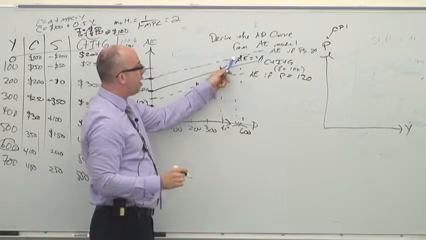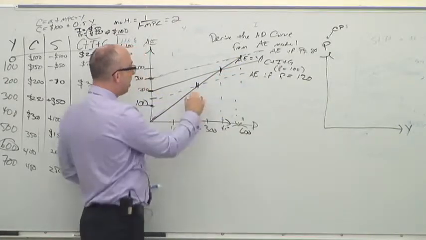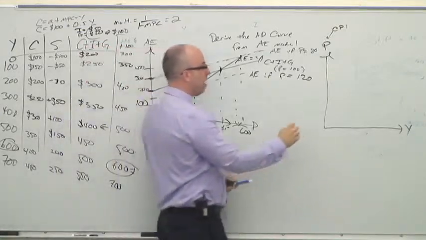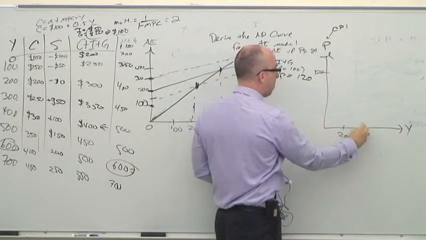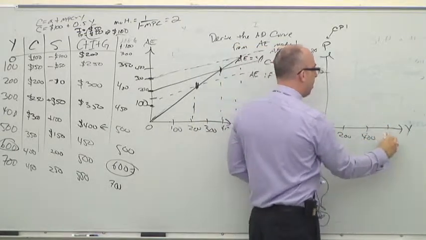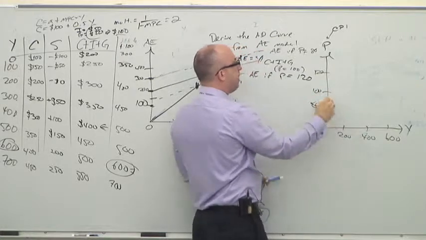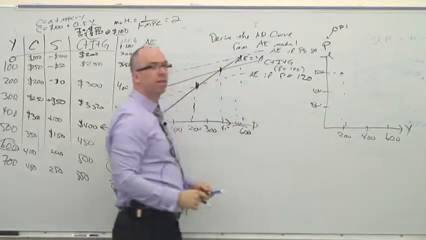All right, so let's start at the top. If P equals 120, GDP is 200. So I'm going to say this. If P equals 120, equilibrium GDP is 200.